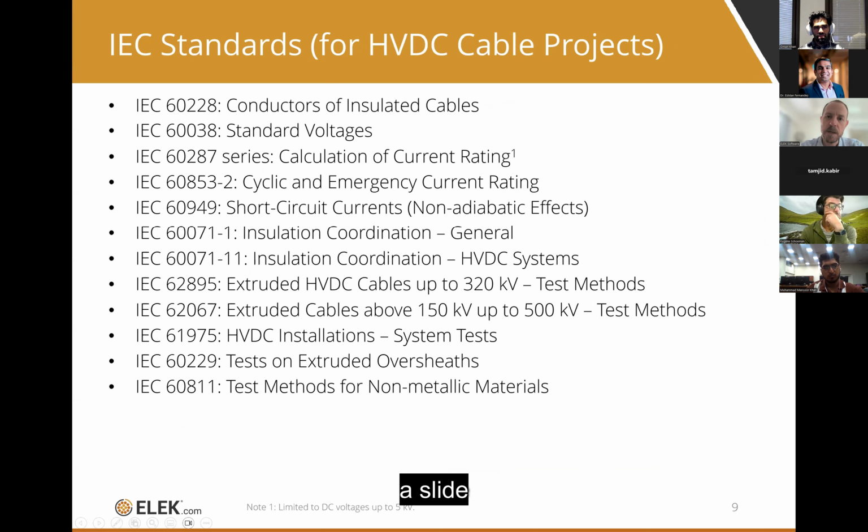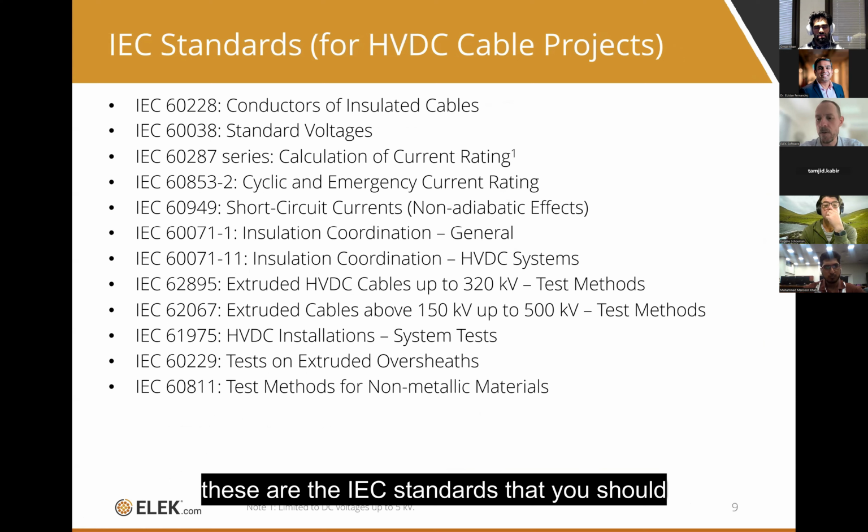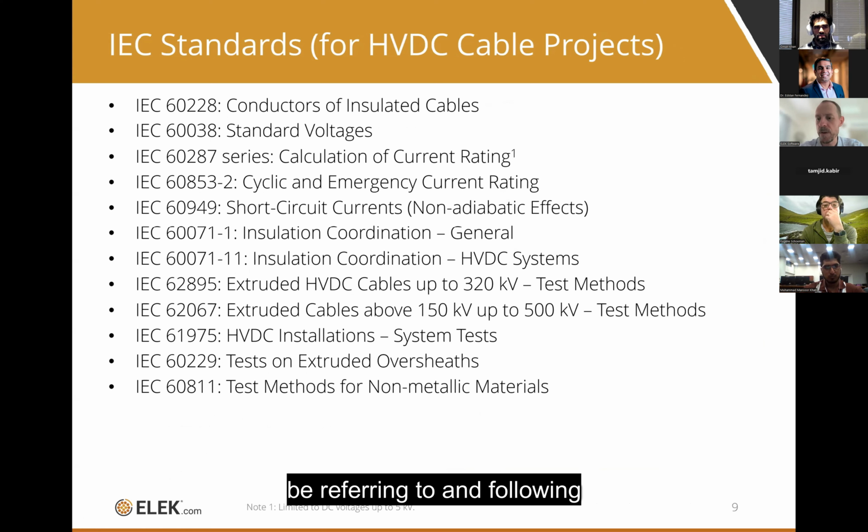Here's a slide of real practical use. So if you're doing a design that involves HVDC, these are the IEC standards that you should be referring to and following and including in your reports. So if I were you, I would take a screenshot of this one.